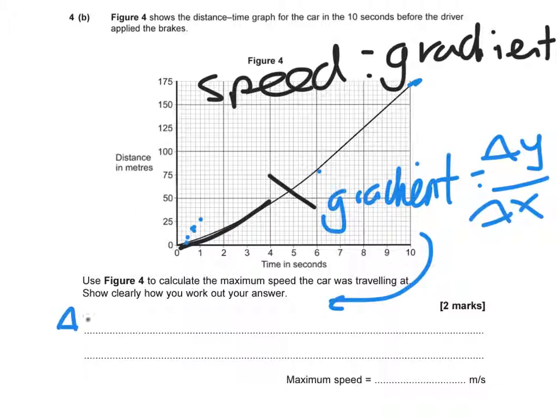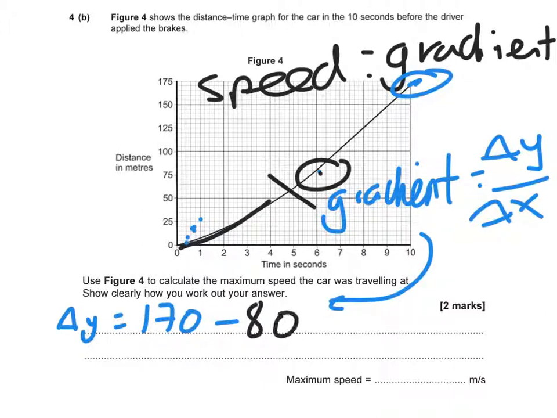So my delta y equals 170 at this point here, minus, we can see it's on 80, which gives me a value of 90.